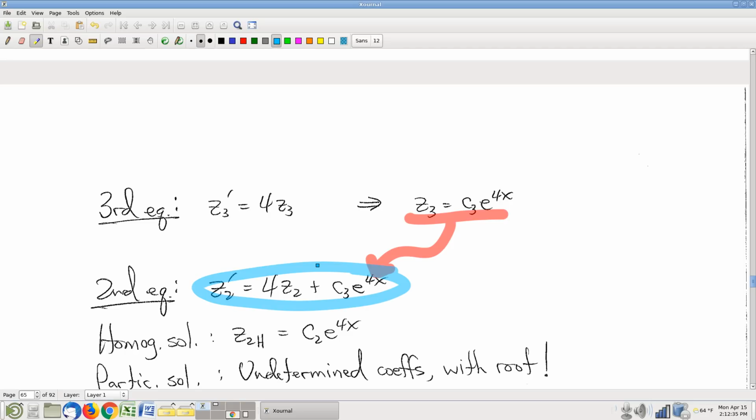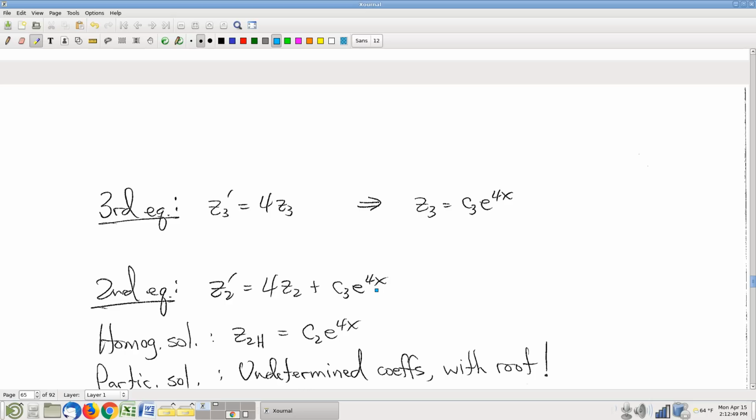And that is a little annoying because it's non-homogeneous, right? We've got Z2 prime is 4Z2, but then we've got this other function of x. So we've got to play this whole particular and homogeneous game. Notice the homogeneous part is easy to solve. The homogeneous part's natural growth, so that's a freebie.